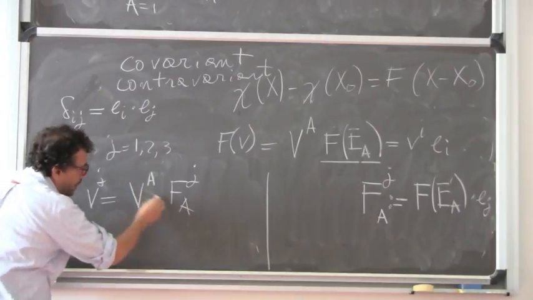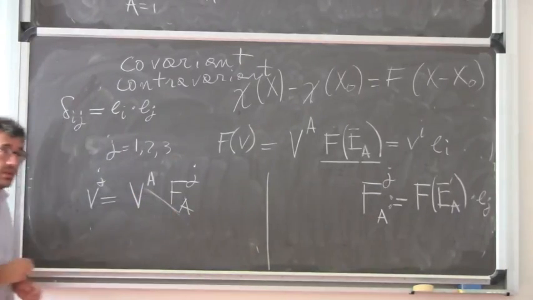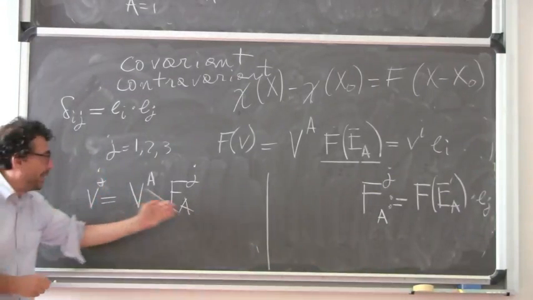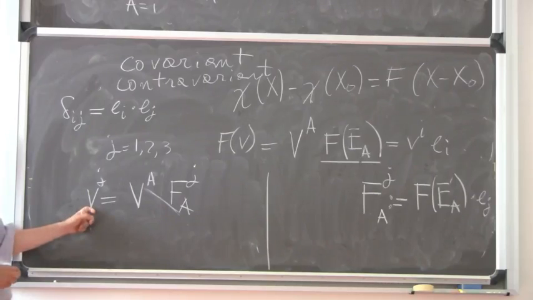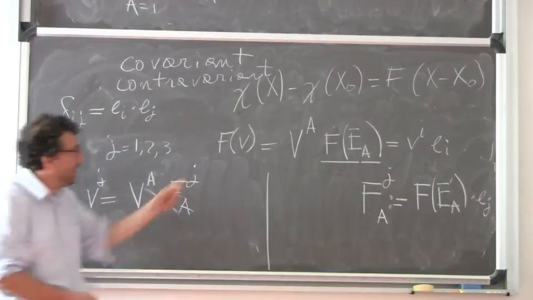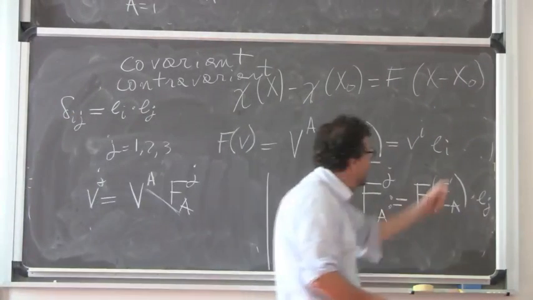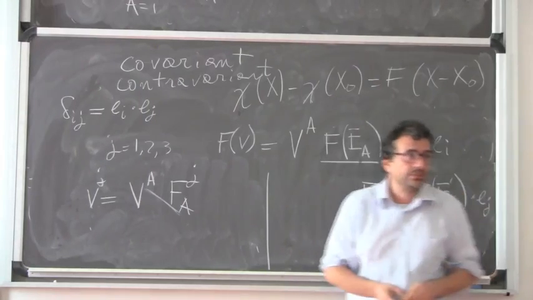You calculate these products, you sum up on repeated indices, and what do you get? The components of the image of the linear application in the basis e_i.